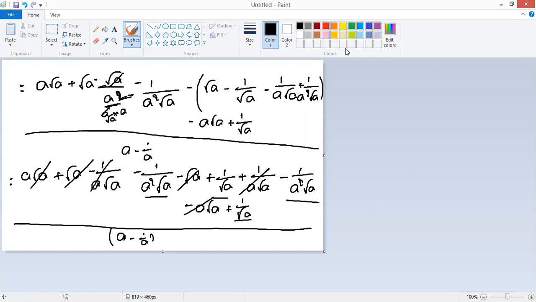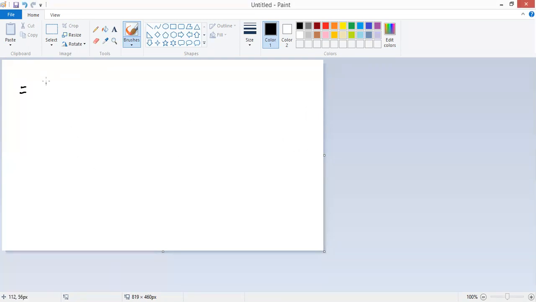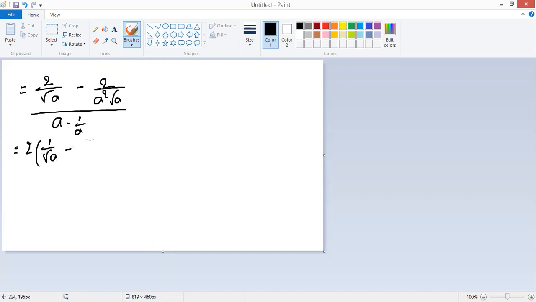So we will get 1 by root a plus 1 by root a, 2 by root a, then in the same way minus 2 by a square root a, over a minus 1 by a. Here I am taking 2 as common. Then 1 by root a minus 1 by a square root a, over a minus 1 by a. Again I am taking LCM.